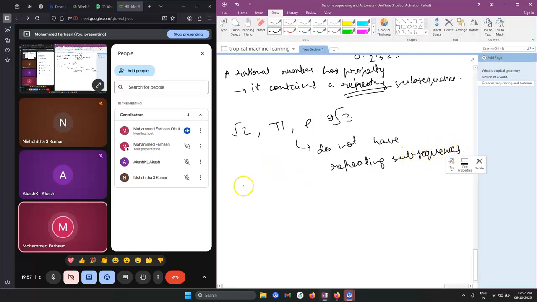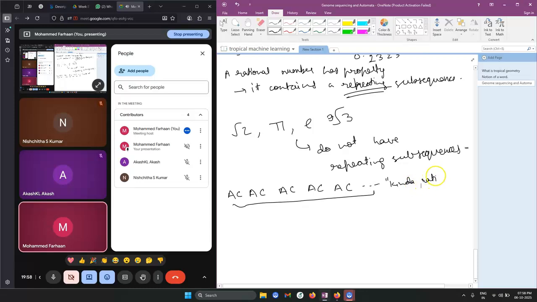So you may ask why this is even related to genetic sequencing. You see a lot of the time repeating sequences in your genetic sequence, so in some sense this thing is kind of rational.